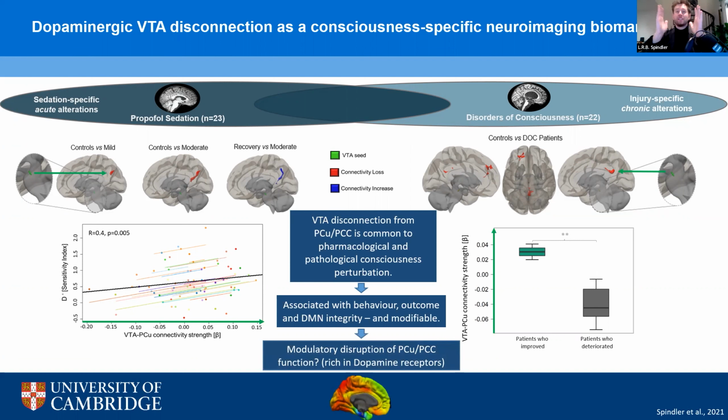What we might be seeing here is a biomarker for modulatory disruption of large-scale network function. And because it occurs across both, this may be something that is very much consciousness specific. Again, we didn't observe this for any of the other nuclei.